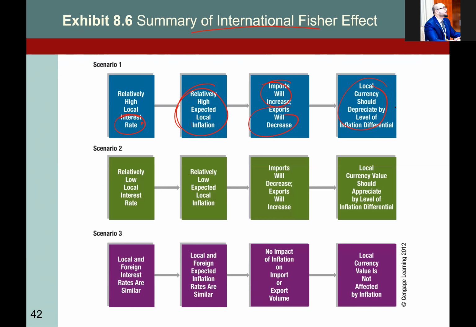Scenario 2, relatively low home interest rate, which means our local inflation is going to decrease, which means our exports will increase, our imports will decrease. What happens? Our home currency will appreciate. If it's similar, then no effect. Understand?